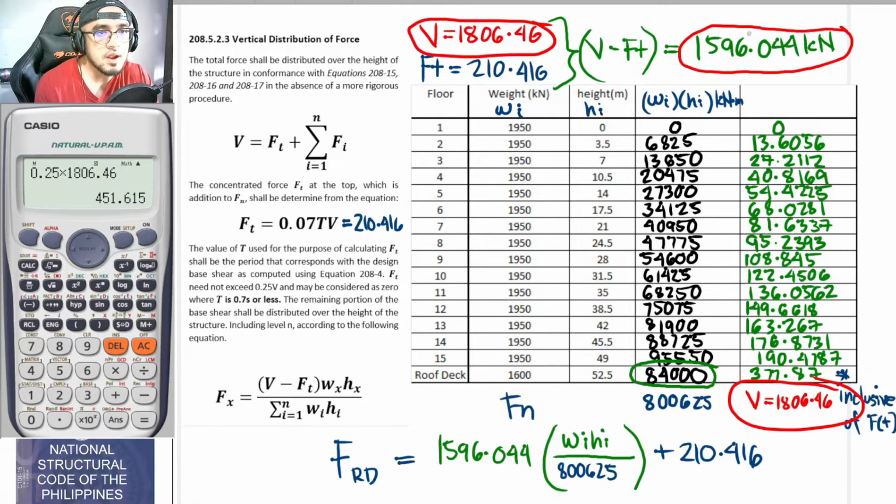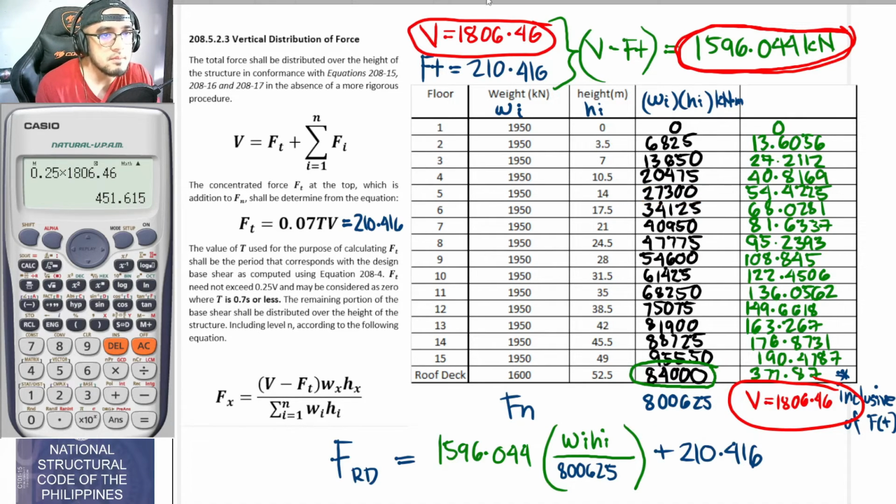That formula is equal to whatever shear is remaining times the product of weight and height per story. Suppose that you're analyzing the first story, then you will be making use of this value and divide it by the total. If you are solving for the shear at the 5th floor, get the product of the weight and the height of the 5th floor, then divide it by the total of all of the products of the weights and the heights. Then multiply it by the base shear.